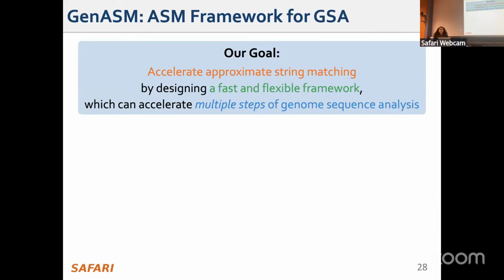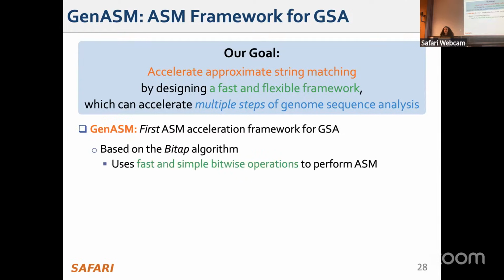The goal in this paper has been to accelerate approximate string matching by designing a fast and flexible framework, which can accelerate multiple steps of genome sequence analysis that rely on ASM. It's the first ASM acceleration framework for genome sequence analysis, and it's based on the Bitap algorithm.